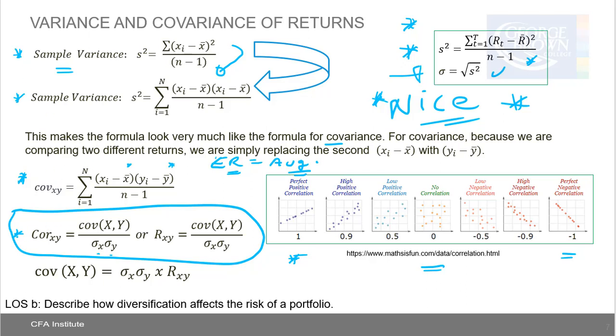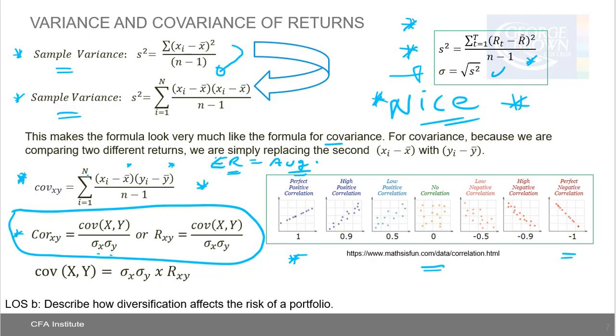Because if I show you the formula for correlation, covariance divided by standard deviation of x times standard deviation of y, you'd say, oh, we haven't really learned how to calculate the covariance, but it's really easy. It's just expanding on how we calculated sample variance, but now instead of one asset, we've got two. We want to be able to calculate mathematically if they're moving in the same direction or not.